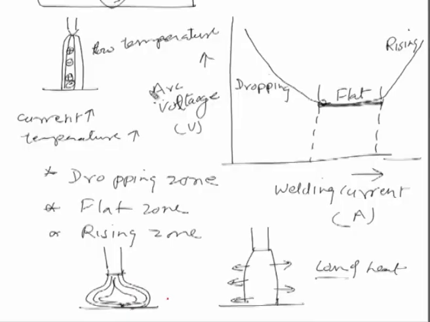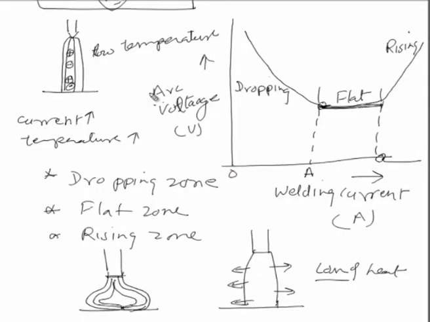So, this bulging or distortion in the shape of the arc increases the arc length, and the length of the path through which electrons will have to flow through the gap in turn increases the arc voltage. So, this undesirable change in the shape of the arc leads to an increase in arc voltage beyond a certain limit of the welding current.